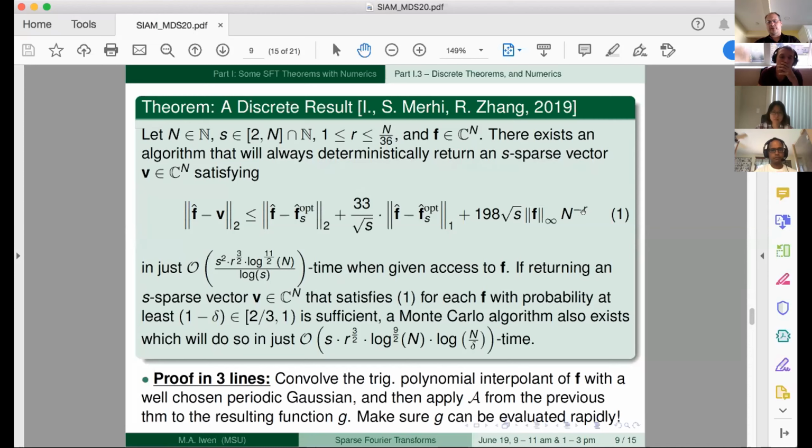And you just end up with this extra term here involving R, which has to do with the extent to which you adapt your continuous methods to use the discrete data that you have at your actual disposal. So entirely deterministic methods that are S squared in runtime and randomized ones that have this linear dependence on S.